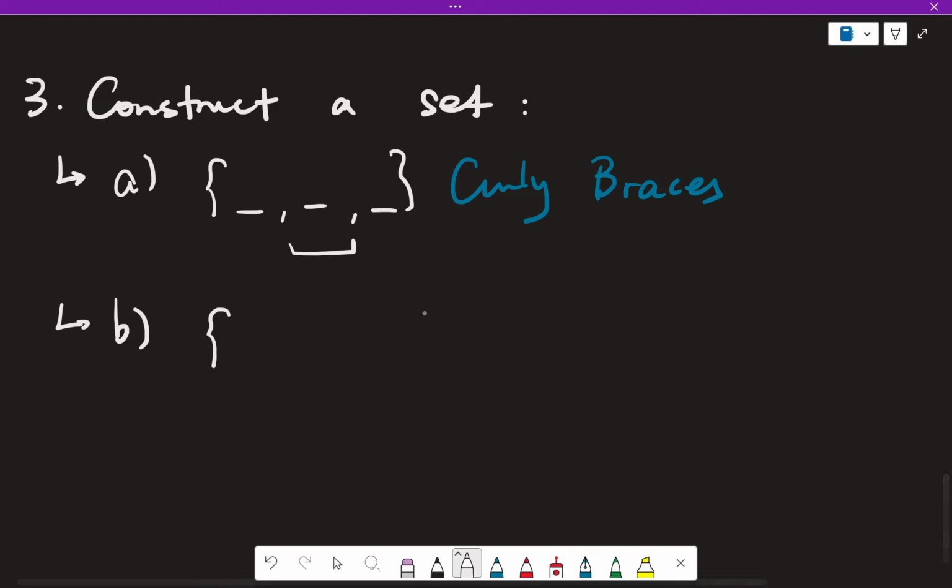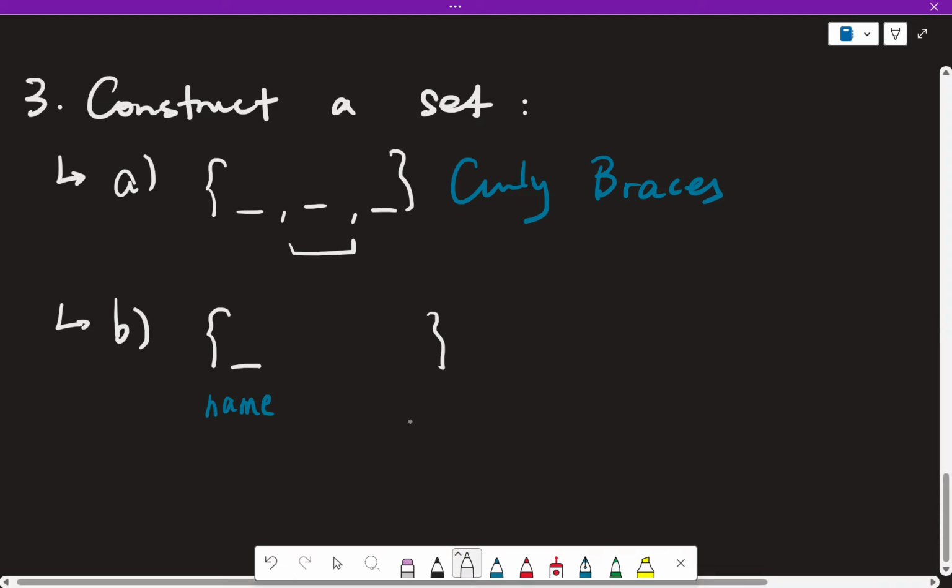The second way to denote a set is still using curly braces, but we put our variable name here at first, and then we put a slash here.